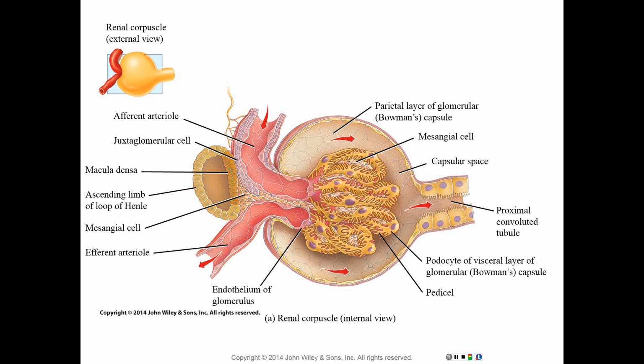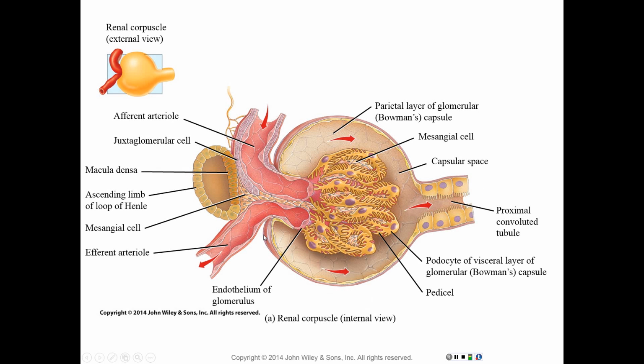This is an important concept because if the glomerular filtration rate increases too high, more blood is being pushed in here, which means you produce more filtrate. When you produce more filtrate because of the greater pressure, the fluid also moves faster through the tubules of the nephron: through the proximal convoluted tubule, down the loop of Henle, back up the distal convoluted tubule, coming back up this ascending limb.